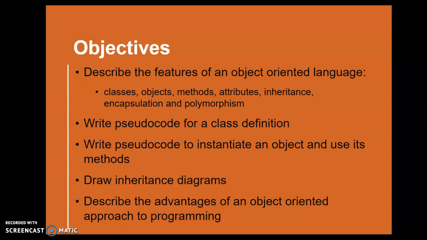We have already learned about classes, objects, methods, and attributes. Today you will be learning more about inheritance, encapsulation, and polymorphism. You will be learning how to write pseudocode. The best way to learn about pseudocode is to first write the program so that you become confident in writing programs, and then it's a bit of reverse engineering: try and write the pseudocode.